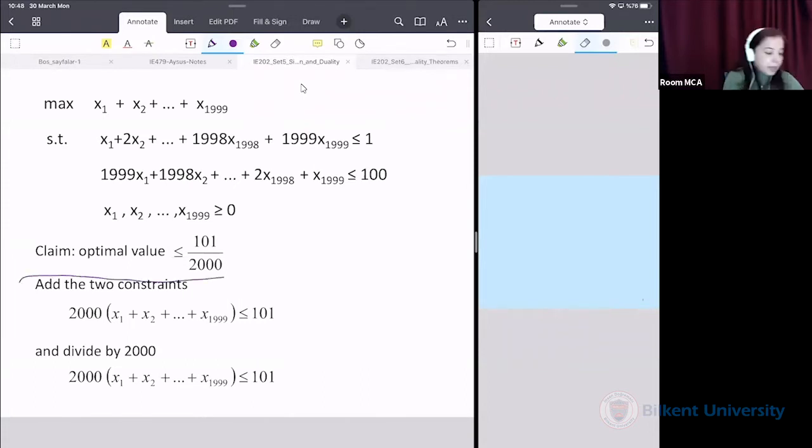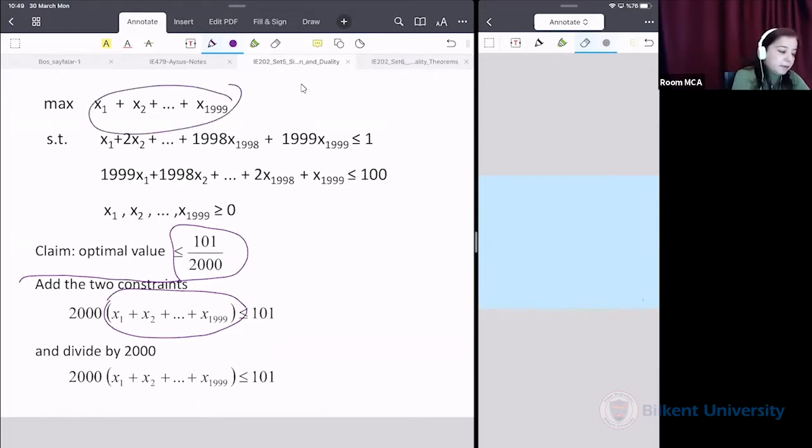Here's my claim. I'm claiming that my objective can never be larger than 101 over 2,000. Why? Well, just add these two constraints together. Then you will have 2,000 times their summation less than or equal to 101. And this is my objective function.